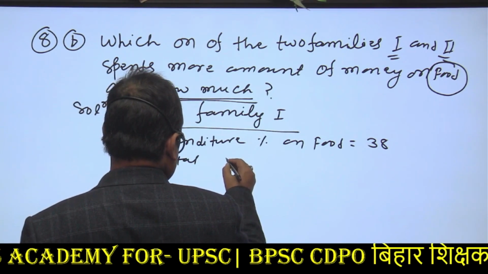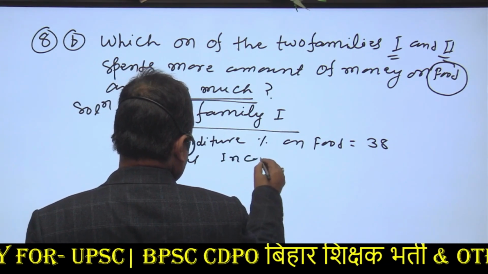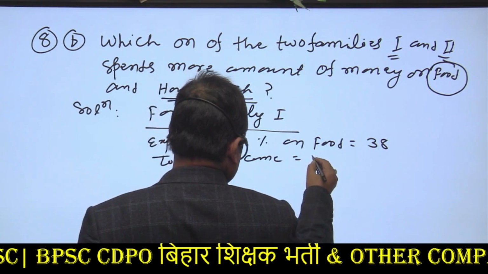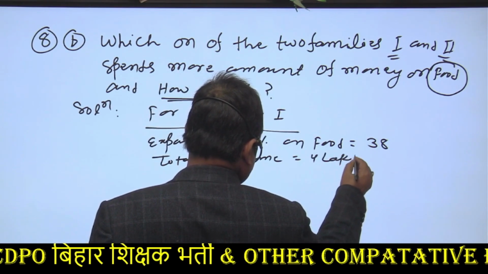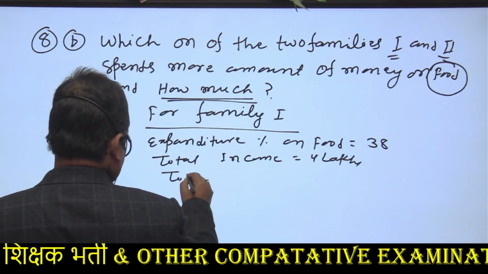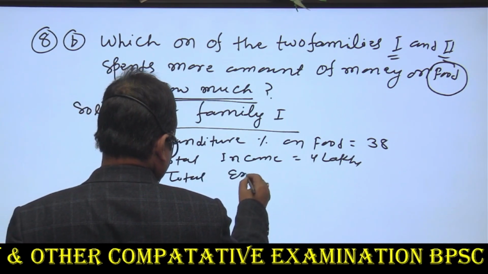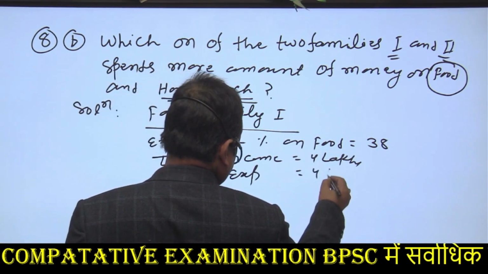Total income 4 lakh, total expenditure 4 lakhs.